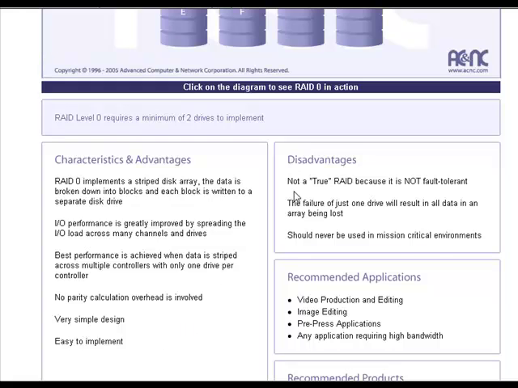The disadvantages are it's not a true RAID because there is no fault tolerance. Fault tolerance means that I could lose one disk drive and the system would keep running. It would slow down, but it would keep running. The difference between fault tolerance and backup is that if I had fault tolerance and I lost one hard drive, it would keep running.